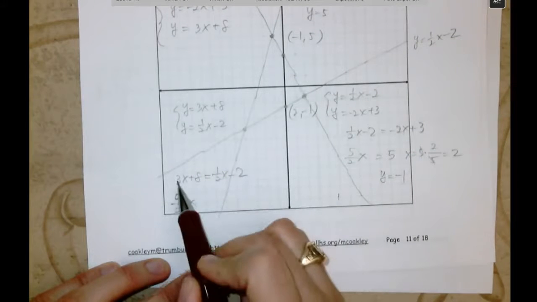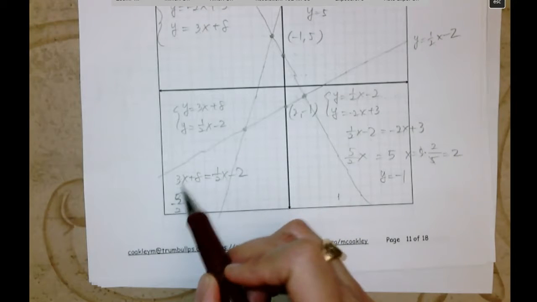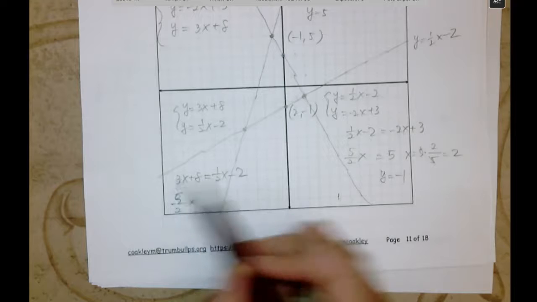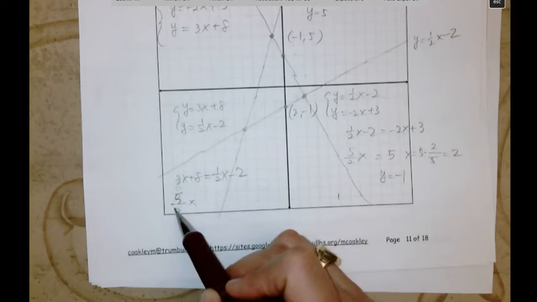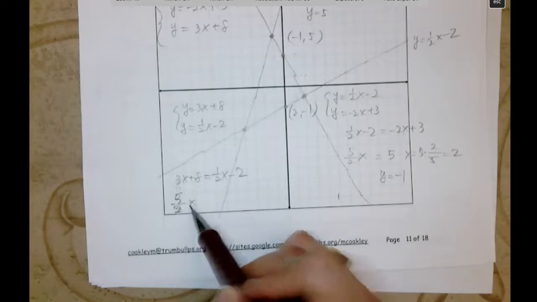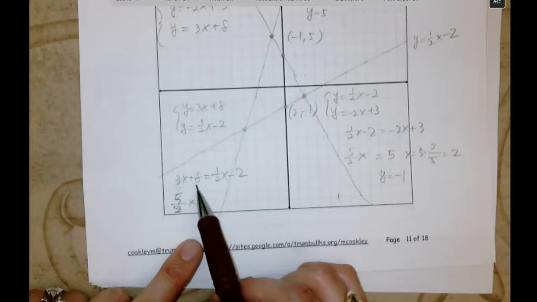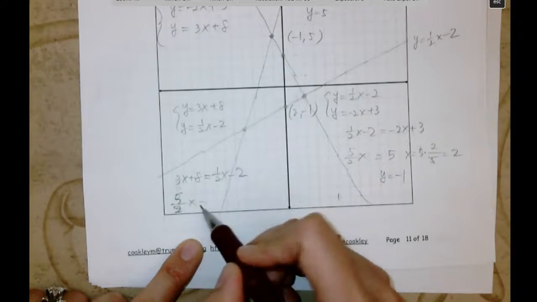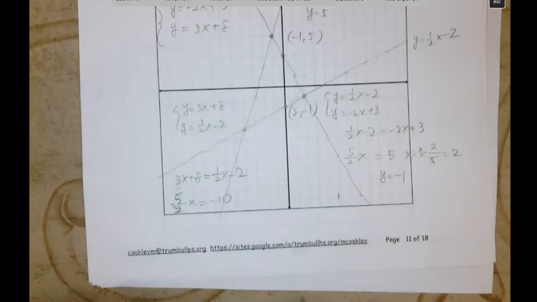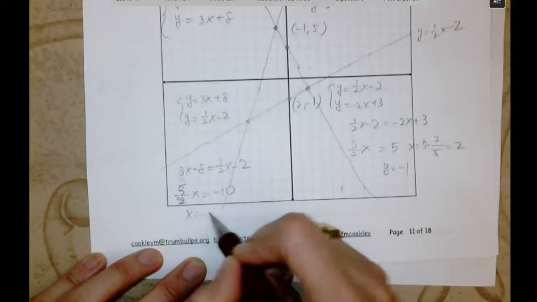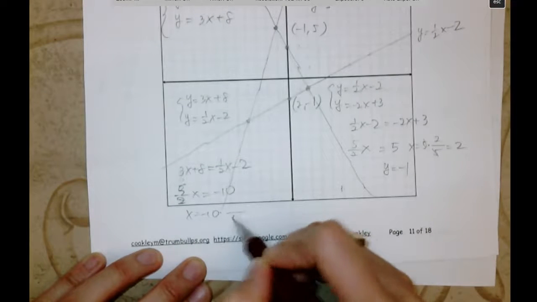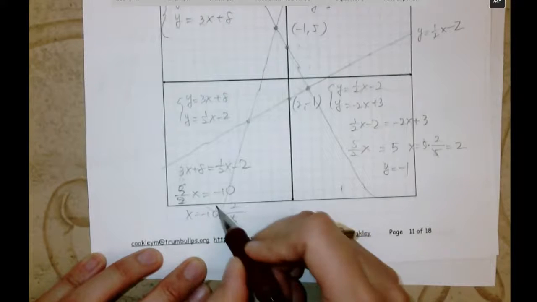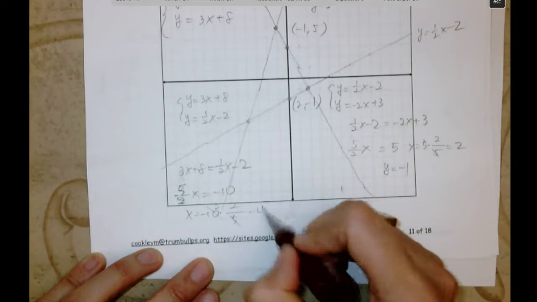I'm sorry, 6 over 2 minus 1/2, and you get 5 over 2. So 5 over 2 x, and then you have to subtract 8 from both sides. So you get -10. Okay, so then x is -10 times 2 over 5. This cancels, and this becomes 2, so it's negative 4.